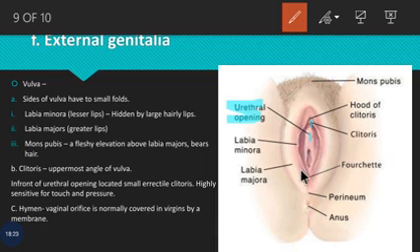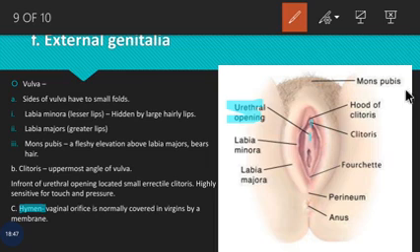And the thing which we call the hymen is nothing but a membrane which is present in virgin girls, and it is present on the vaginal orifice. The orifice is nothing but the opening of the vagina, okay?